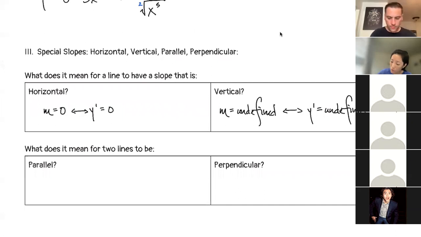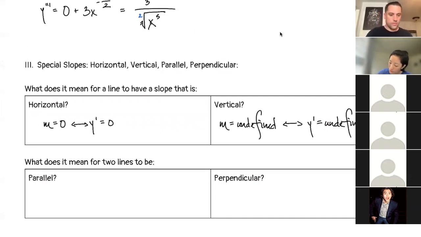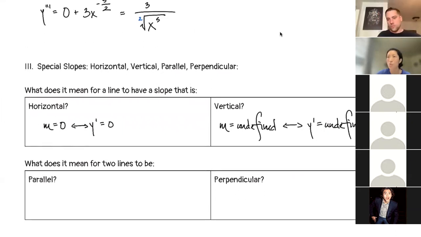And before we move any further, let's do a very quick review on how we get 0 and how we get undefined. So let's say I had 0 over 1. What would you tell me that that equals? Now, generalize this for me.